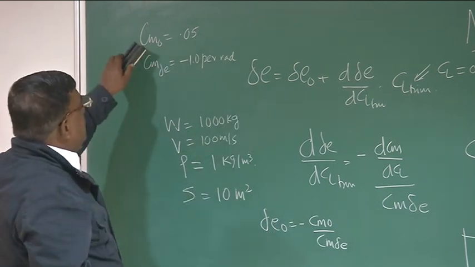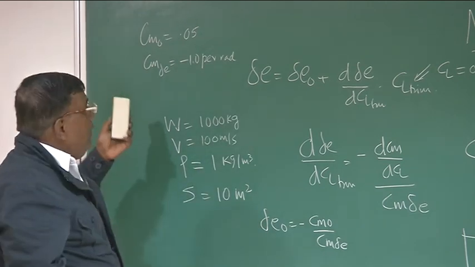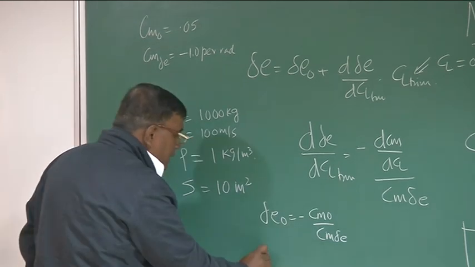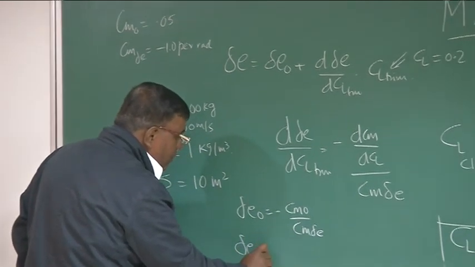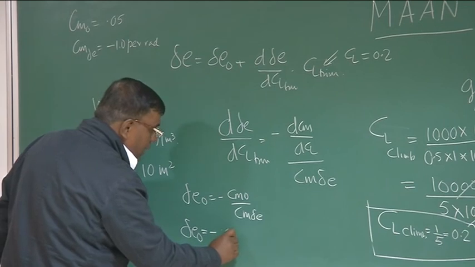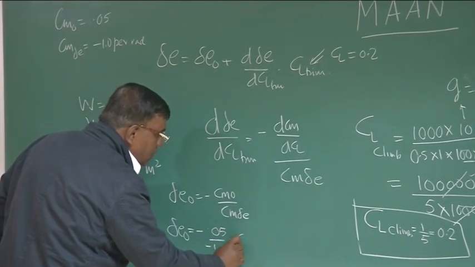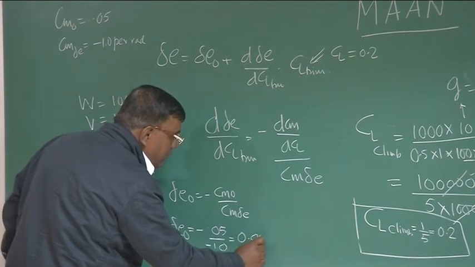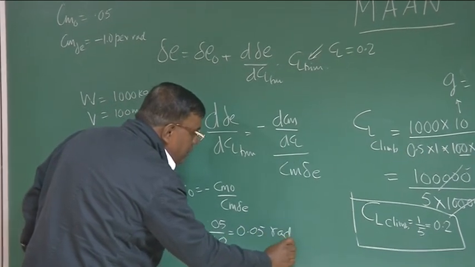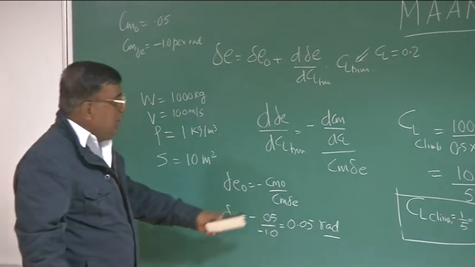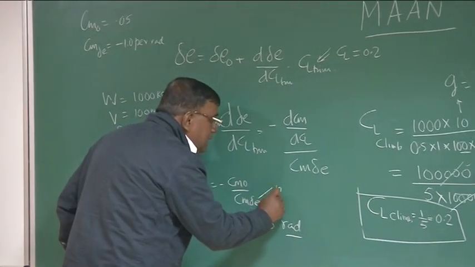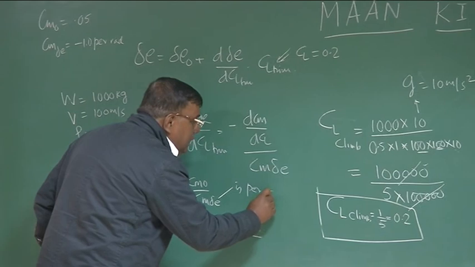These are typical values for an airplane, so delta E naught will become minus 0.05 by minus 1.0, equal to 0.05 radian.